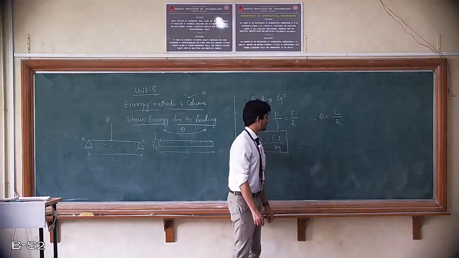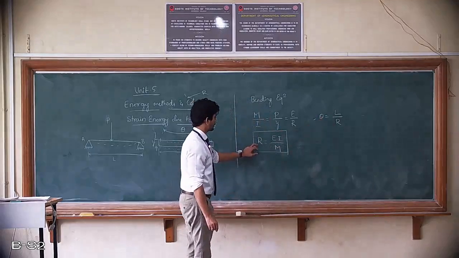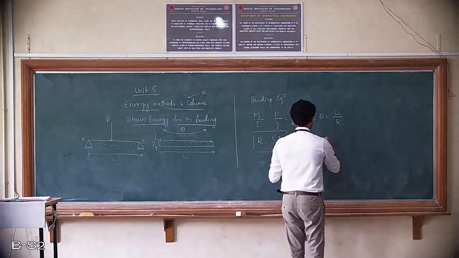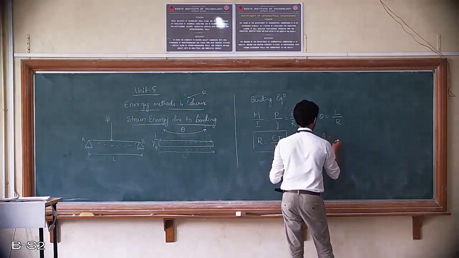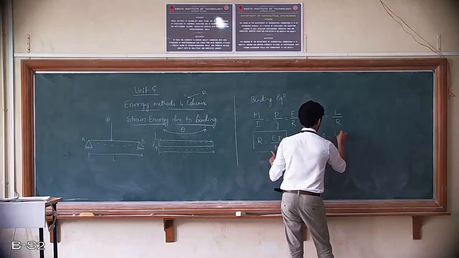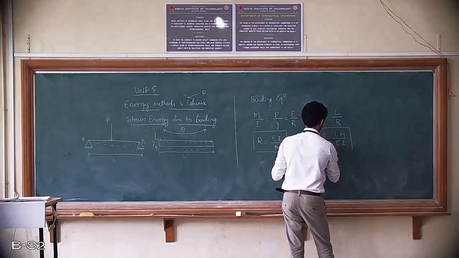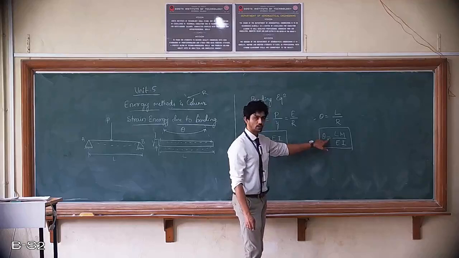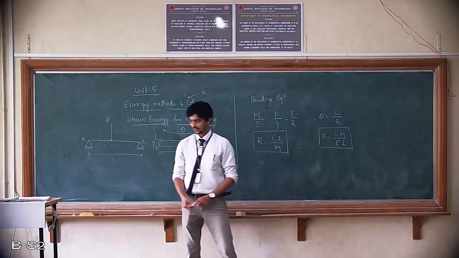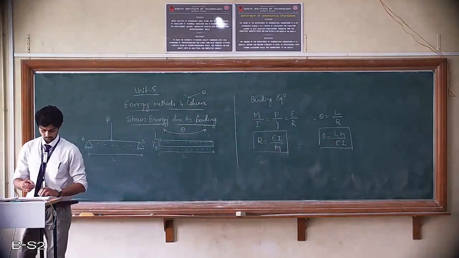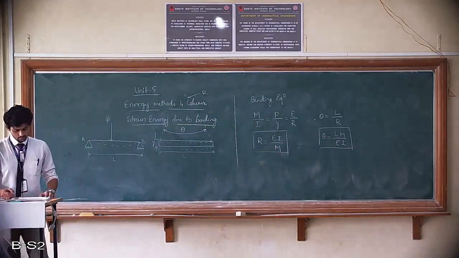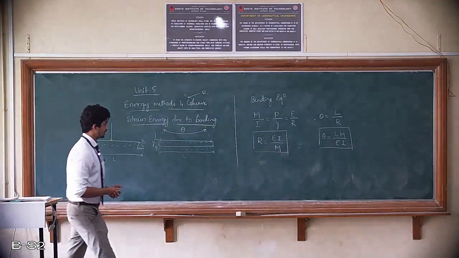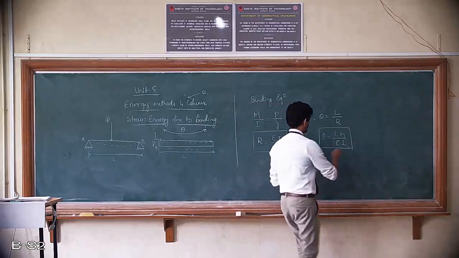If we substitute this into this, we can rewrite theta is equal to Lm divided by EI. So this is theta, angle of curvature, is equal to Lm divided by EI. Now let us call this equation 1.